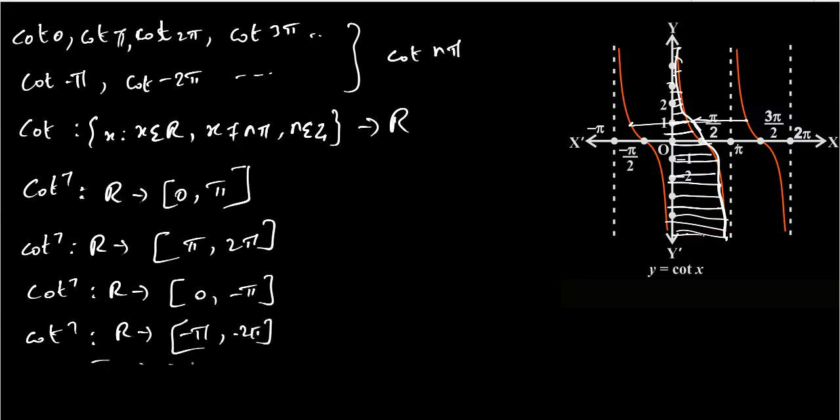So it will go on increasing on the negative side as well as the positive side, and we will get different branches. This cot inverse exists. But the region from 0 to pi is called the principal value branch. 0, pi for the cot inverse function becomes the principal value branch.